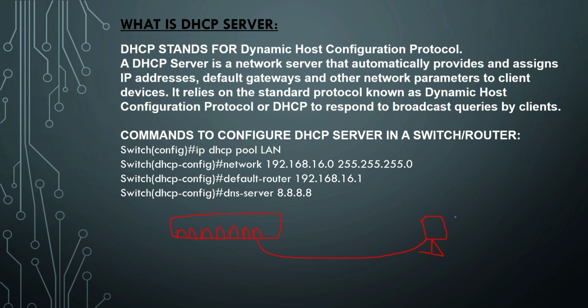In the previous videos, we were manually assigning an IP address to the interface of a PC. Now we will just configure our switch as a DHCP server. The PC will request an IP address, and it will find its DHCP server right here, and the DHCP server will respond to that request with the network parameters, that is IP address, subnet mask, default router, and DNS server. So this is how the DHCP server works.